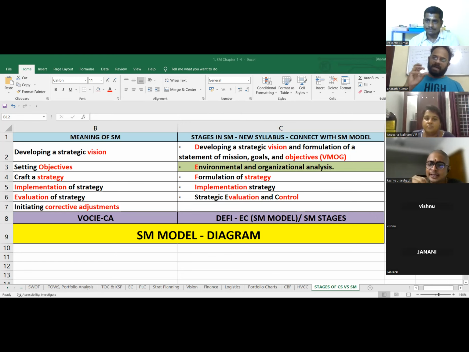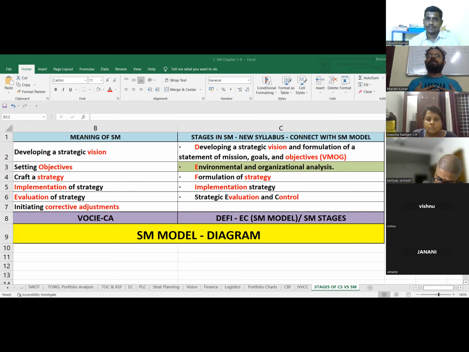C, craft a strategy. I, implement the strategy. E, evaluate the strategy. CA, initiate the corrective adjustments. Because not always what you plan will be 100% perfect and matching. Correct? There will be some changes here and there. So you do corrective action and accordingly you proceed.